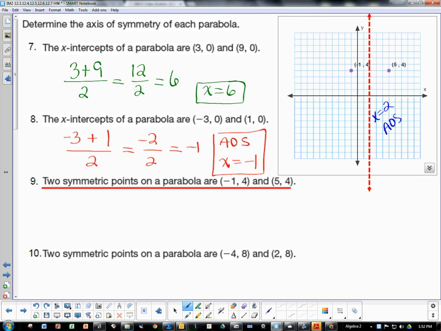Now, how are we going to do this mathematically? Well, we need to take these x coordinates, -1 and 5, so -1 plus 5, and find the middle, so divide by 2. This happens to be 4 over 2, and that is 2. So your axis of symmetry is x equals 2.